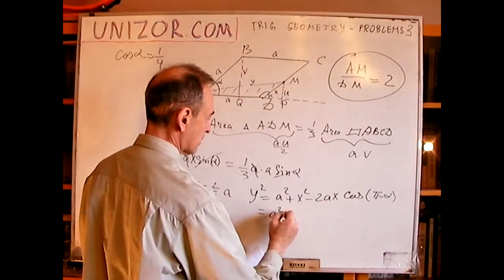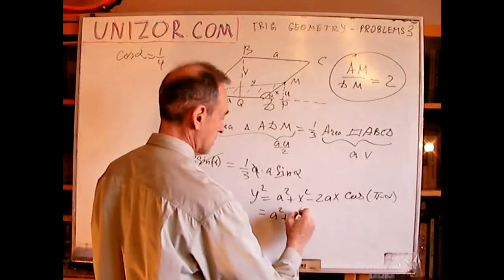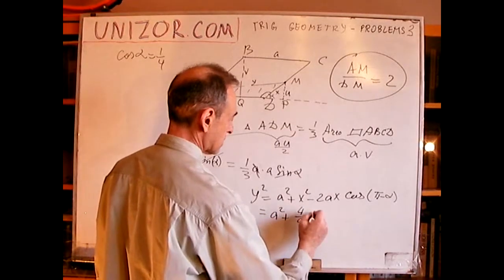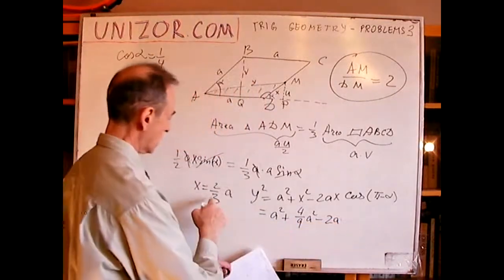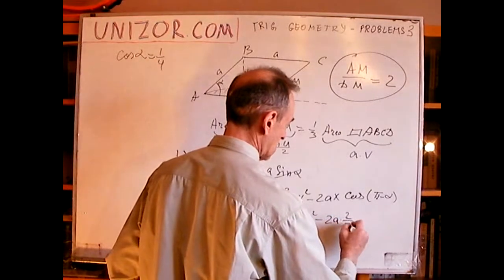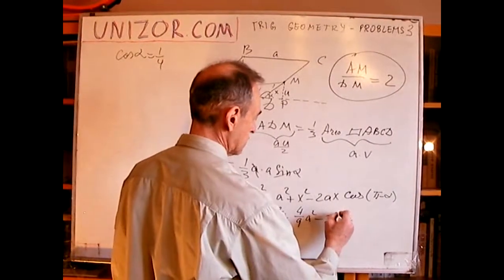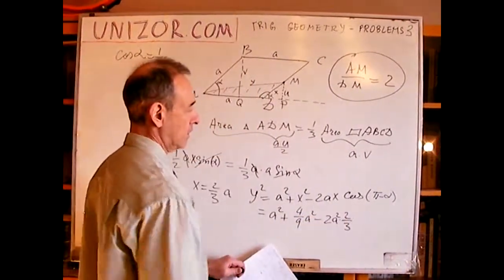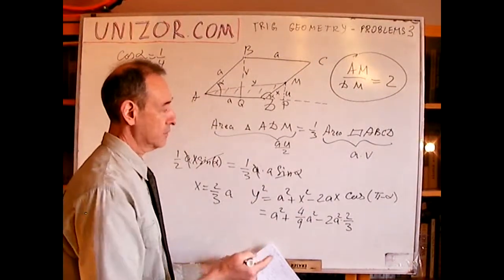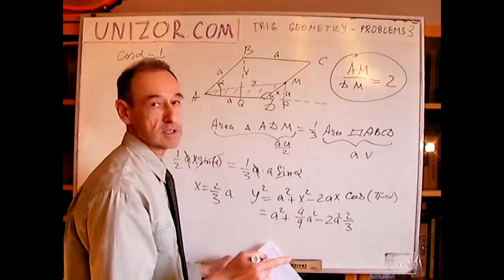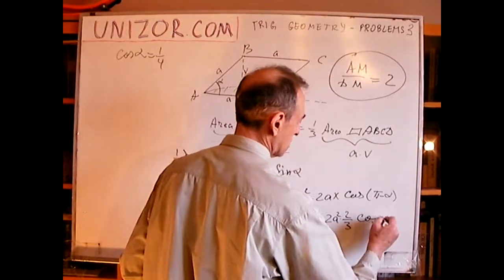Or a squared plus x squared is 4/9 of a squared, minus 2ax, which is 2/3 of a, so I put a squared here. Now the cosine of pi minus alpha we already spoke about during this lecture. It's negative cosine of alpha, so I'll put this plus and cosine of alpha.